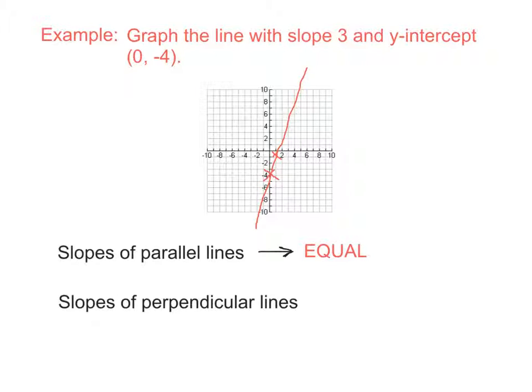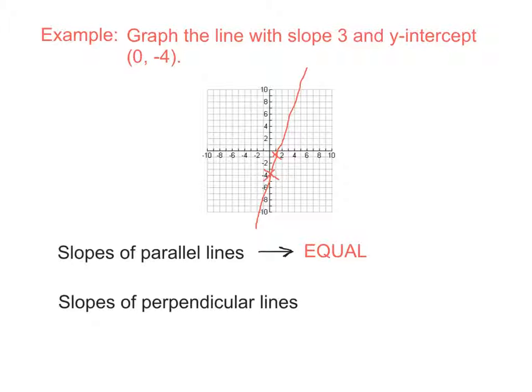So now, what about the slopes of perpendicular lines? Okay, obviously these slopes are not equal, but what are they? When you've got two lines that form an angle of 90 degrees, well, in this case, these slopes are negative reciprocals of each other, okay?